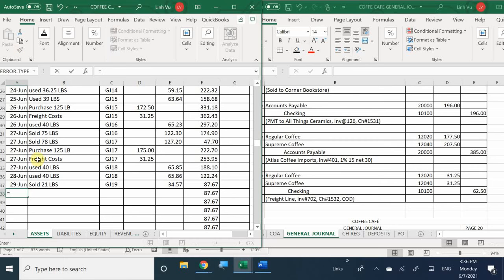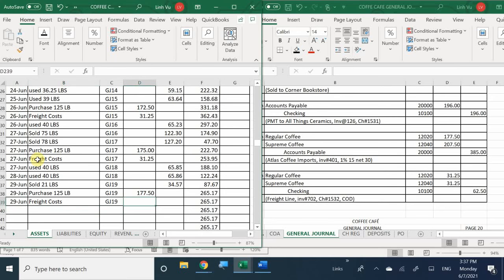I'm going to start with the first one for July 29th. We purchased 125 pounds, General Journal 19, at a debit of 177.50, which brings our total to 265.17. And then right below, I'm going to acknowledge that we had it delivered.